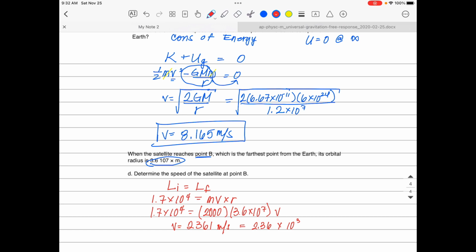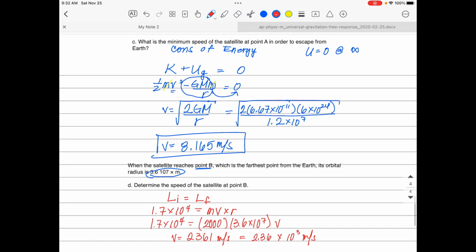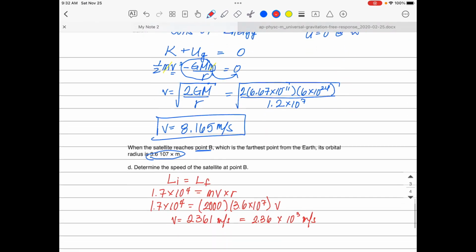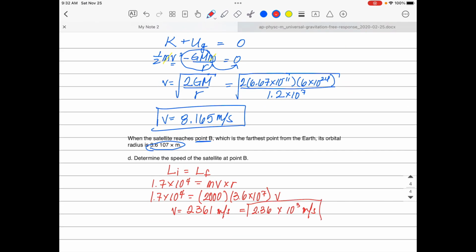And if we compare that to the speed at point A, it is significantly slower. So that seems to check out well, and this would be your final answer for part D.